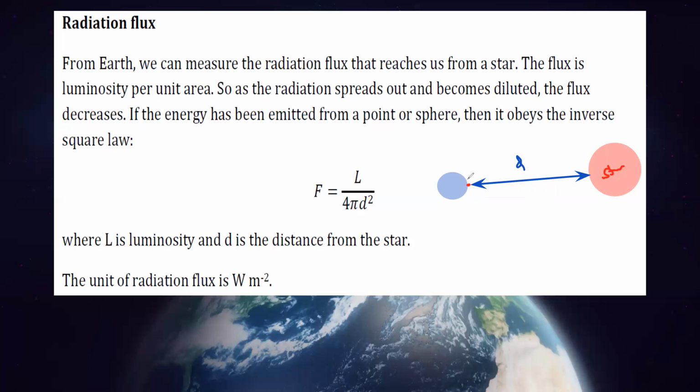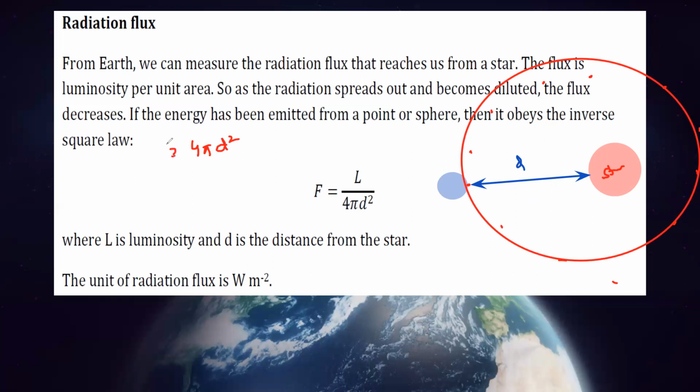So if this point is at a distance d, there will be a lot of points which are at a distance d from this. So when we join all the points, what will it make? It will make a sphere. So when it makes a sphere, we can use the formula for the area of a sphere. Now, as the flux is calculated for an area, the area will be equal to 4 pi r square, where r is the distance between the star and the earth, so we can say 4 pi d square.